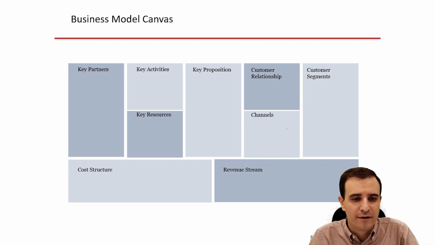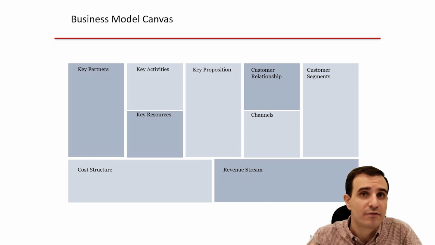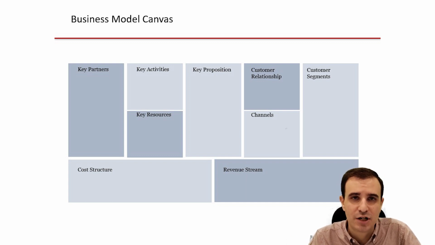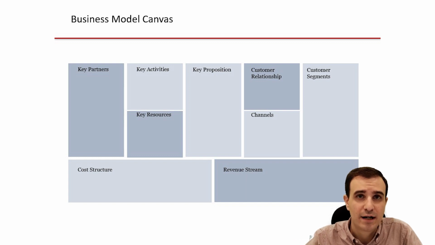So let's now visualize the business model. The business model canvas consists of these key pillars. So we see key partnerships, key activities, the key resources utilized by the organization, the value proposition, the relationship with the customer, with the market, the value you are delivering to your customers and how you are delivering it and how you relate with your customers.